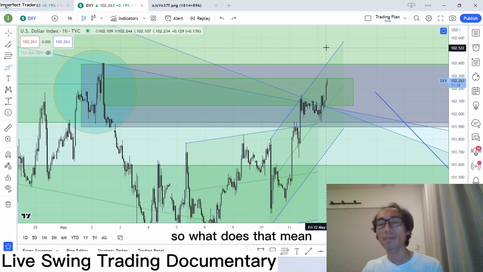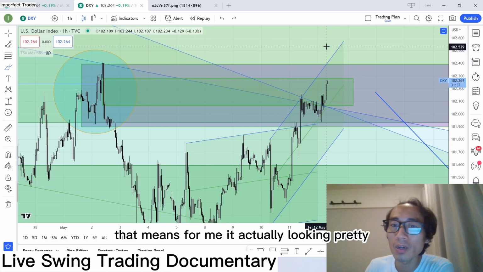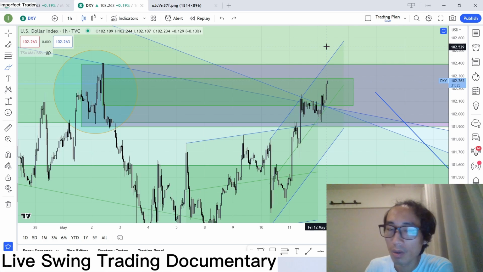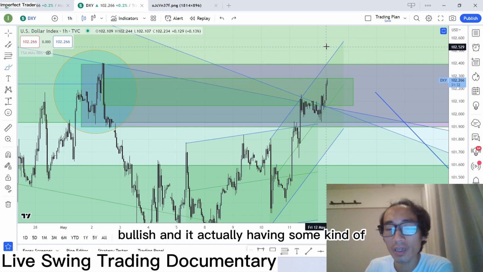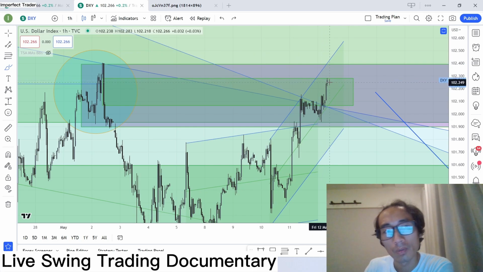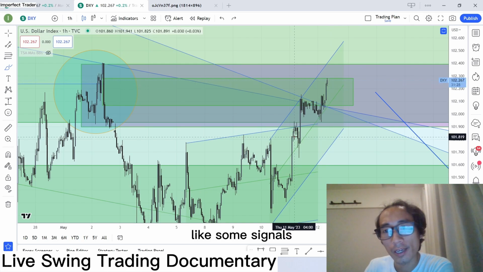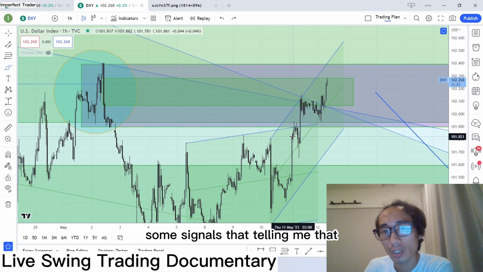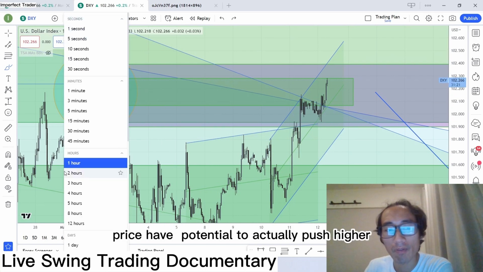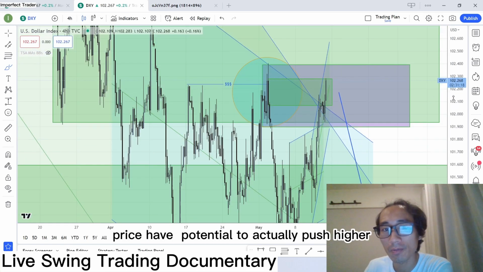So what does that mean? For me it actually looks pretty bullish, and it has some signals telling me that price has the potential to push higher.